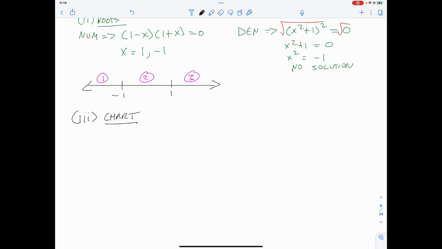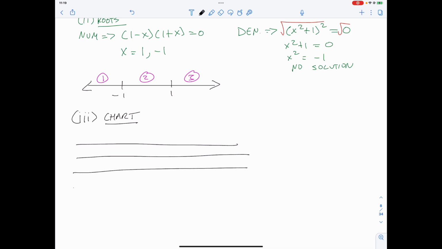So I have 3 intervals. I have 2 factors in the numerator. I have 1 factor in the denominator. And then I have my g prime of x and my g of x.